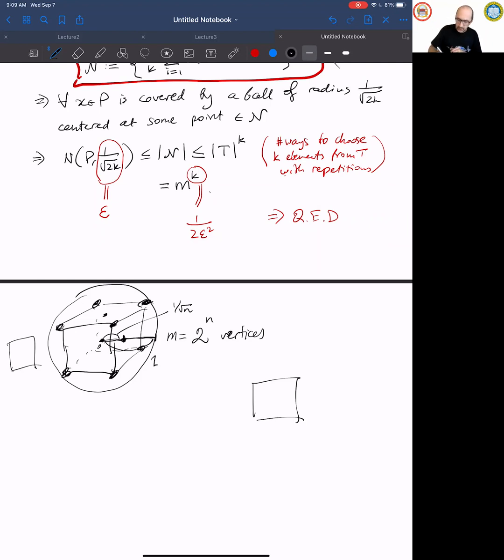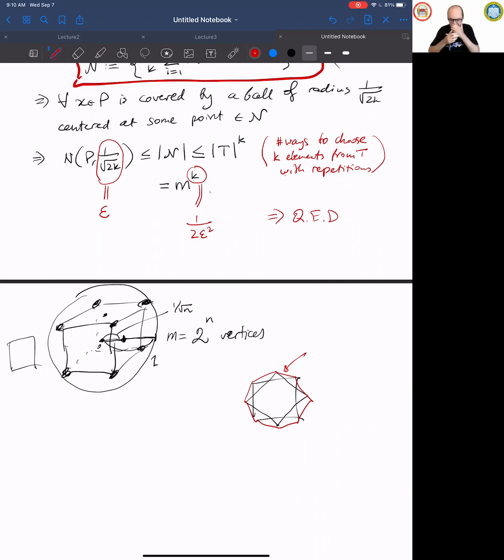So take the cube, randomly rotate it, and then take the convex hull. This will approximate the unit Euclidean round ball very nicely. Although the cube itself is not a good approximation, the 2 cubes already are.